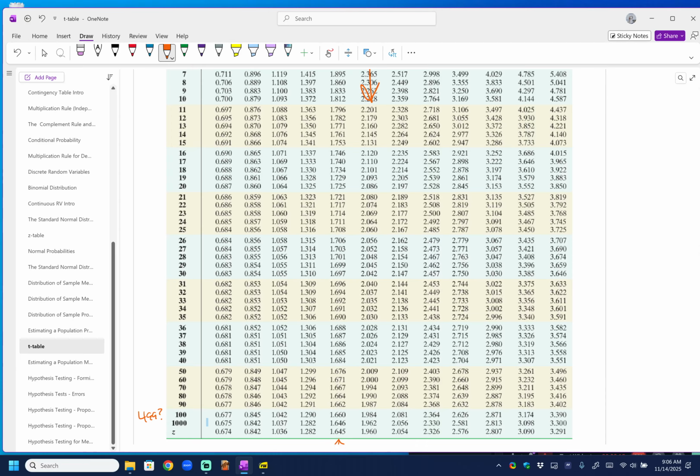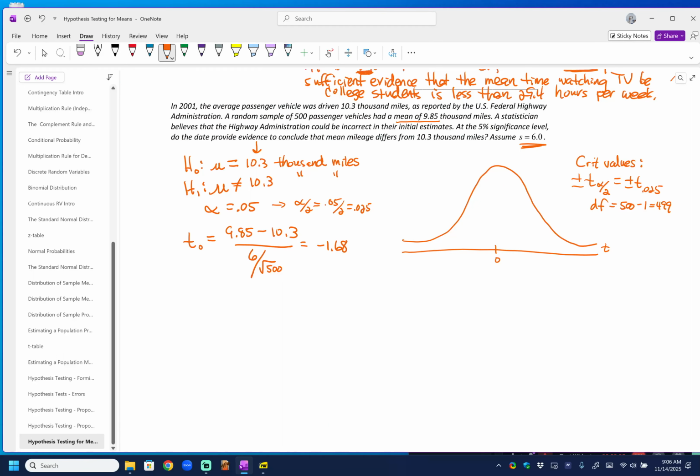So we're going to be using df equals 100 for this, which means that we're going to end up with 1.984 from the 0.025 column. So I'm just going to make a note here: use df equals 100.